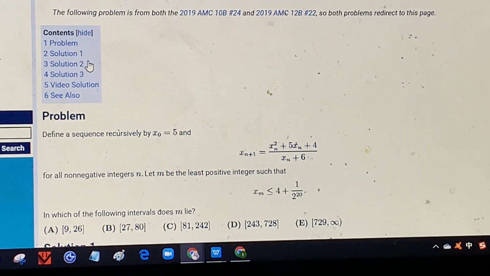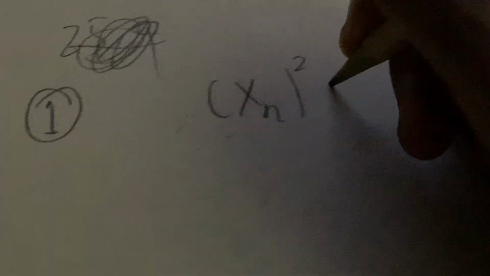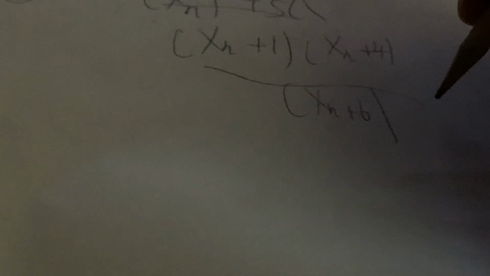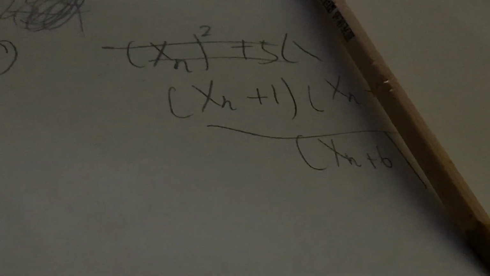I can try problem 24, a recursive problem. Like this. So it's like this plus 5x, x_n, x_{n+1}, x_{n+4}, x_{n+6}. Okay. Time is up. I'm done.